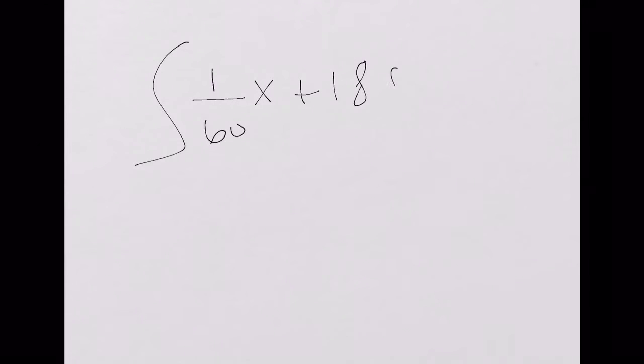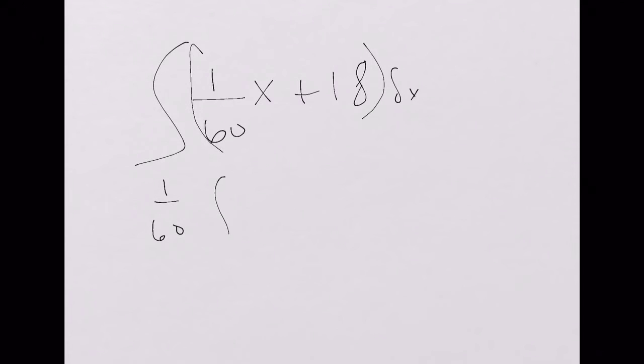In number 9, we had this marginal cost, right, of 1 over 60x plus 18. So this is the derivative. It was the dc dx. So I want to integrate this. Now I'm going to use those techniques that we just used.